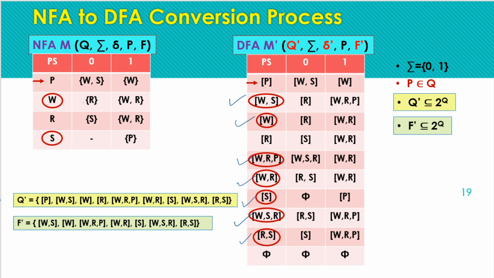Okay, and this is the final set of states. These are the 9 states that we identified for the resulting DFA, and this is the set of final states for the resulting DFA. Okay, so we are completed with the process of final conversion, and this is the equivalent DFA for the given NFA.